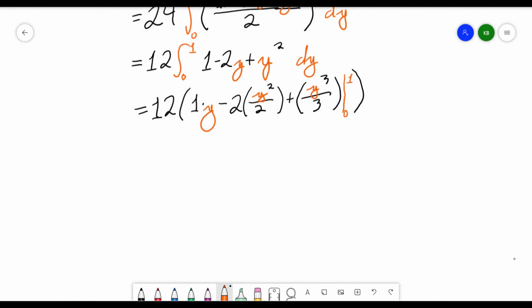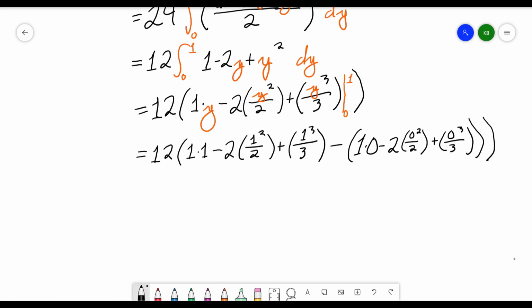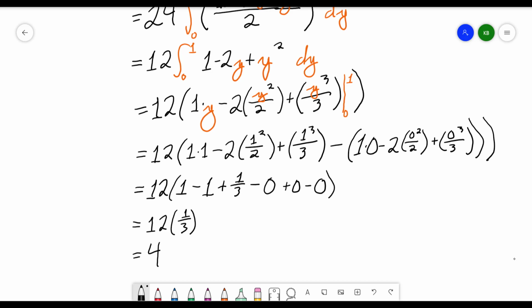So now I have my integral, and I just need to evaluate it over the interval from 0 to 1. I'll plug in 1, and then I'll subtract from that, 0 plugged in. And now I'm down to only numbers, so I just have to do some arithmetic and simplification, and I'll have my answer. And once I've done all of that simplification, I end up with 4 as my answer.